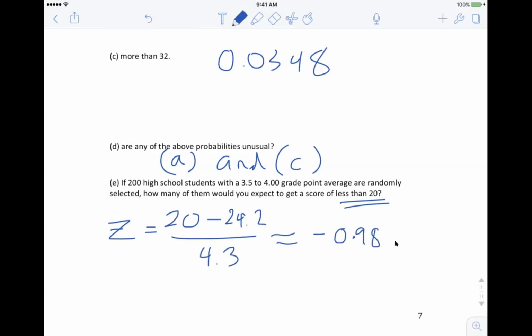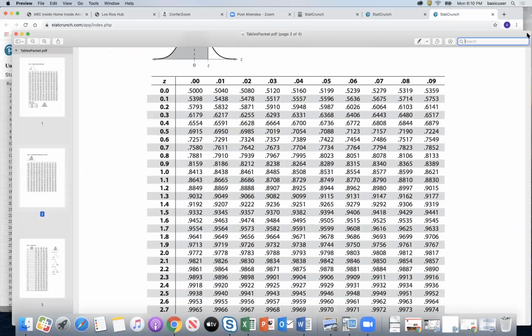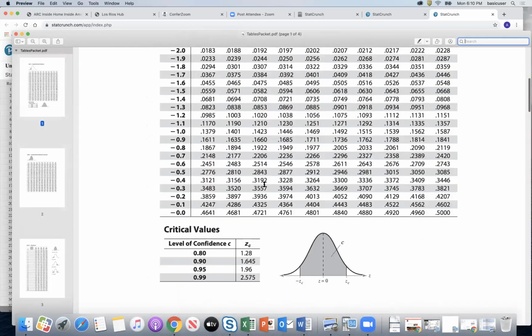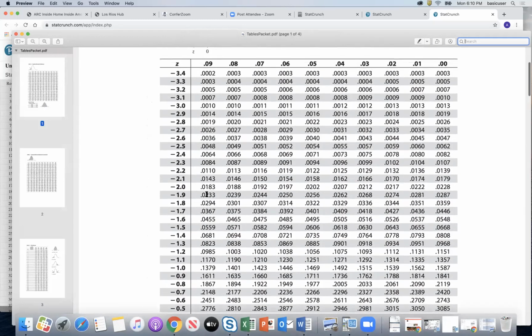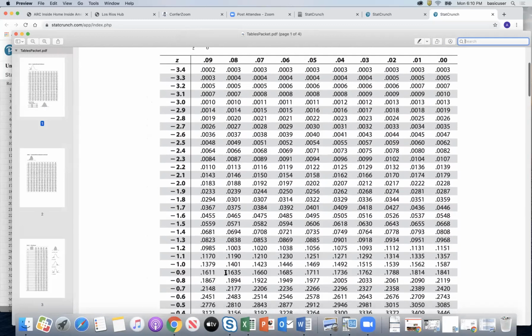Right, and then less than that, you're either going to use your table or StatCrunch. So let's try table, since we haven't done table in a while. So there's a lot of different ways going on here. Kind of got to pick your favorite and go with it, or know them all, I guess you could do. Right? So negative 0.98, we're going to go to this table here, negative 0.9, and then over to 8, which is that second column, 0.1635.